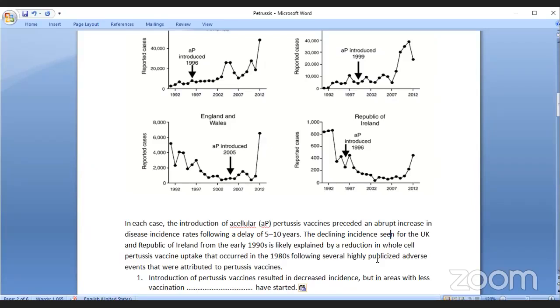Okay. In each case, introduction of pertussis vaccine preceded an abrupt increase in disease incidence rates following a delay of about a year. The declining incidence seen. Please scroll a little to see all the question.